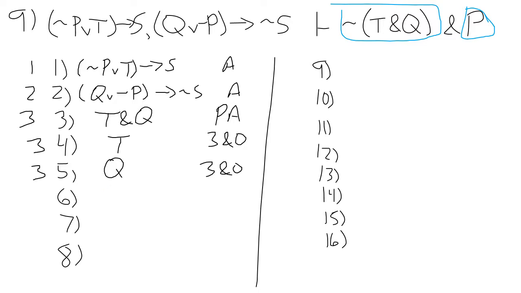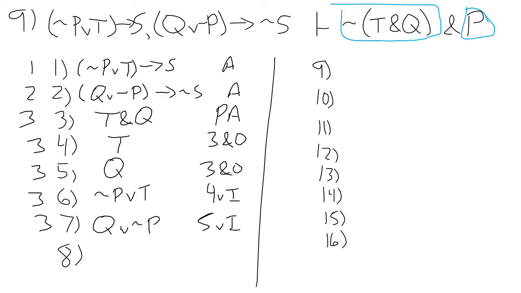Whoops, that is not right. Tilde P, T, 4 wedge in, and then we can Q or tilde P. So that's going to be 5 wedge in. Both of those will come from 3.